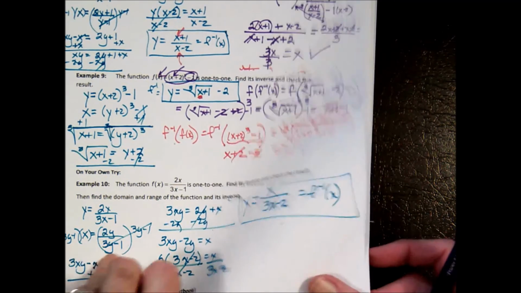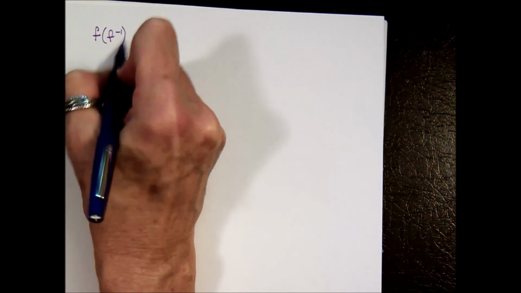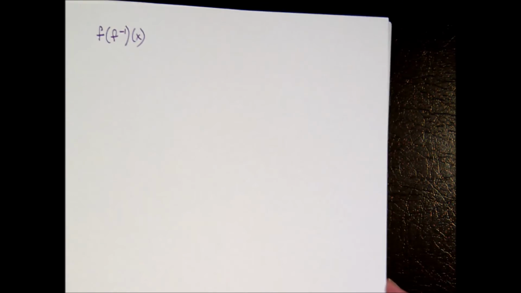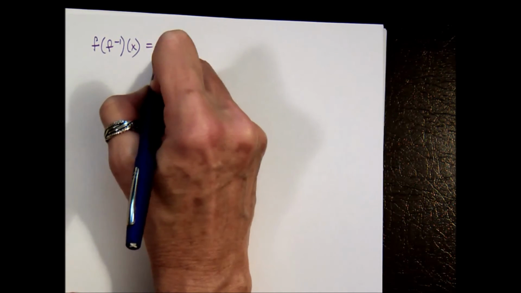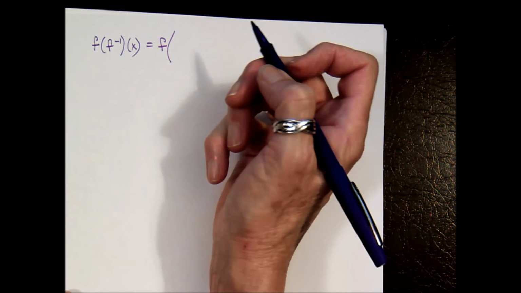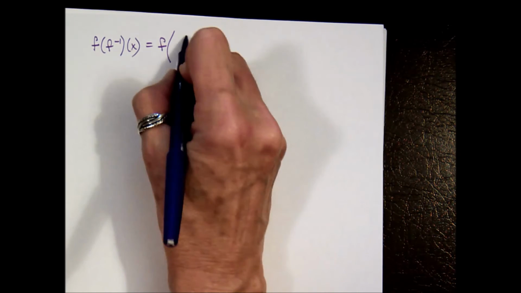So to check it, we first want to take f of f inverse of x. Well, that means f of our inverse is x over 3x minus 2.